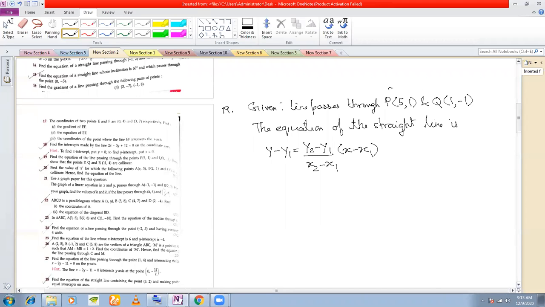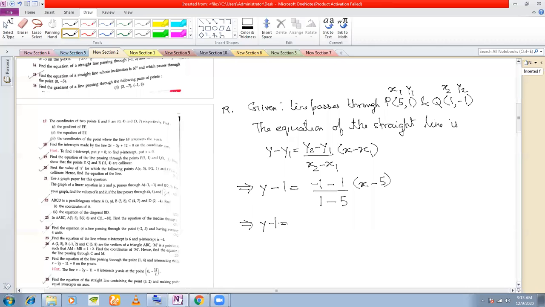What is x1, y1? This is your x1, this is your y1, and this is your x2, y2. You can take them in any order you want. You can take x1, y1 also as x2, y2, no problem. Just put the values: y minus y1 is equal to (y2 minus y1) by (x2 minus x1) into (x minus x1).